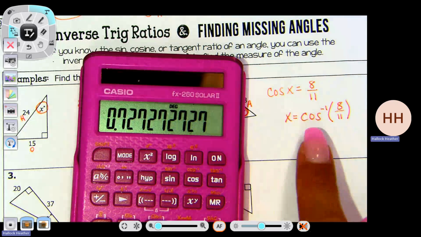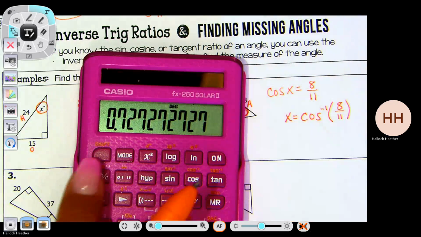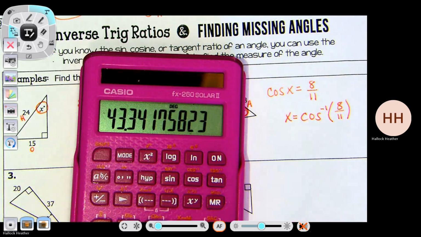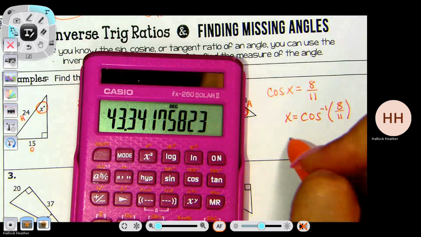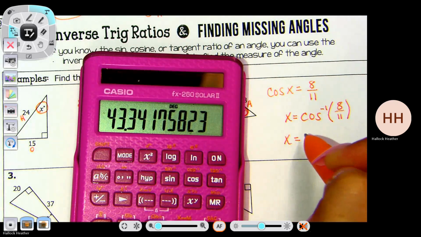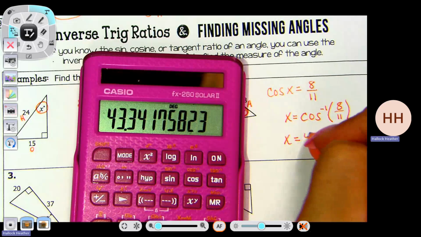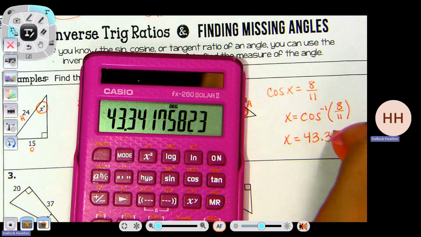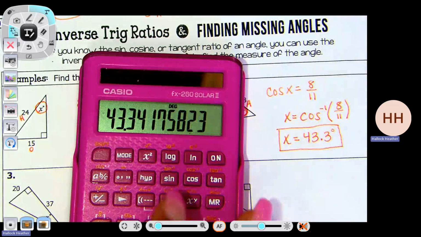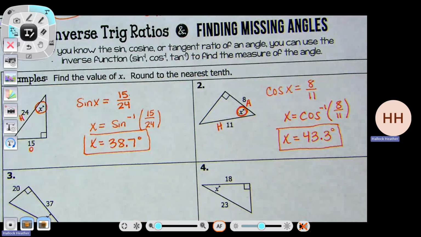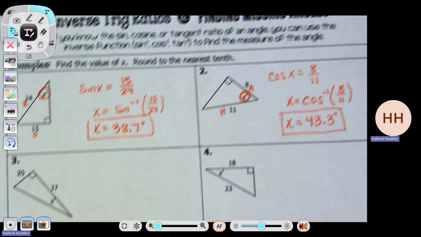And then we're going to press shift cosine. How do we feel? Good. Easy peasy. So it's a degree. So technically I'm putting the little bubbles because it's inside the triangle. We're finding the angle. Okay, let's do number 3.